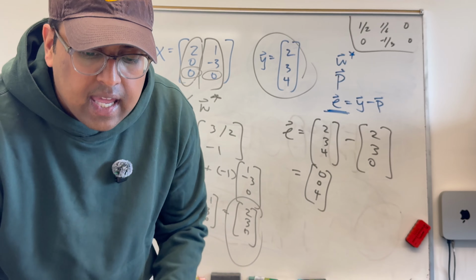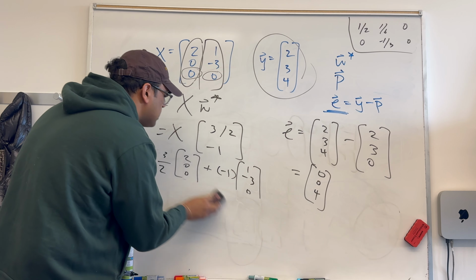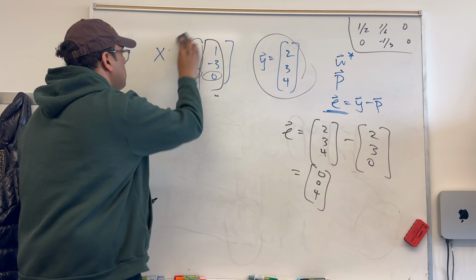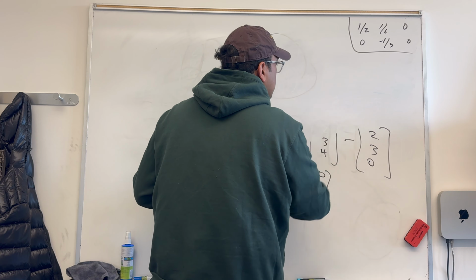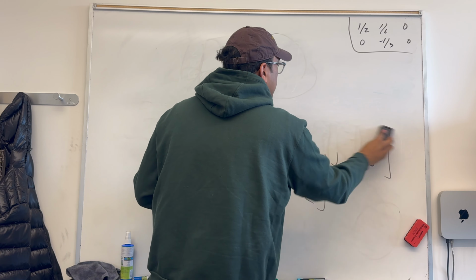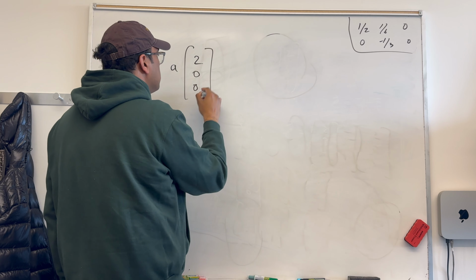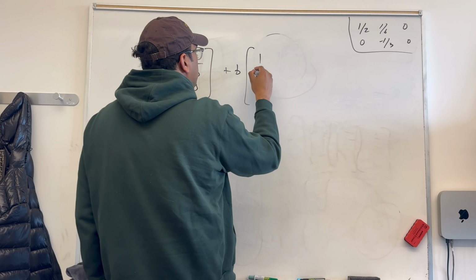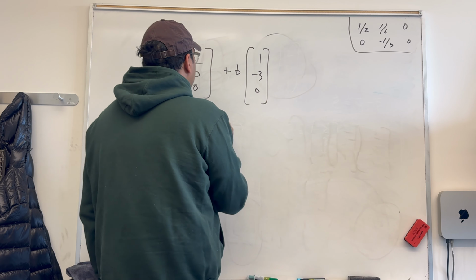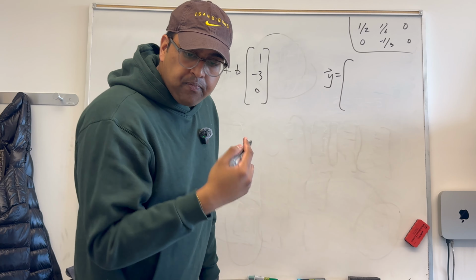Now in part B, we're asked a question that on the surface may sound different, but is really the same question, just with slightly different numbers. We're told, find scalars a and b such that a times 2, 0, 0 plus b times 1, -3, 0 is as close as possible to the vector, oh sorry, not 2, 3, 4.